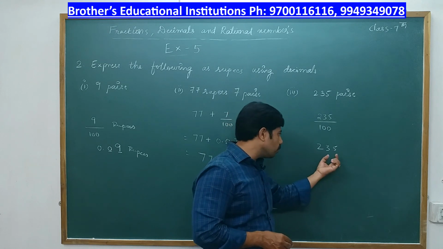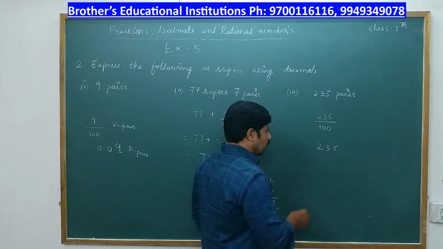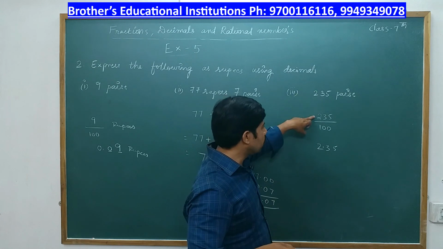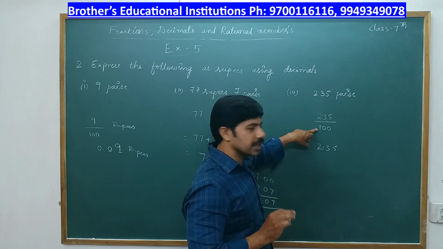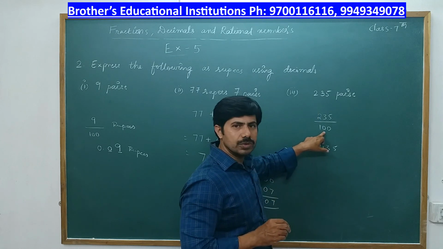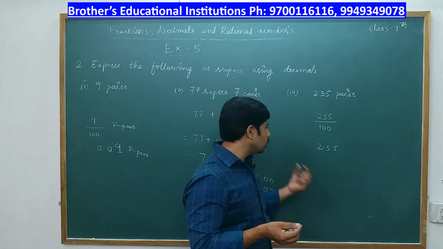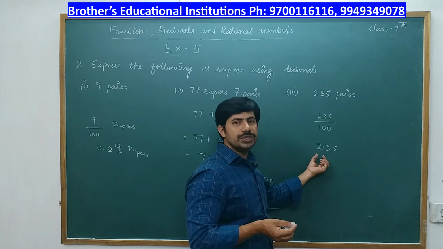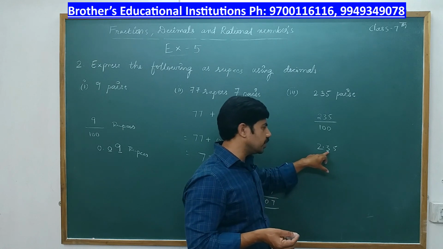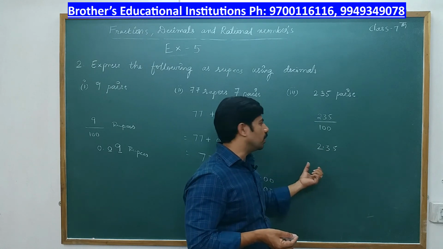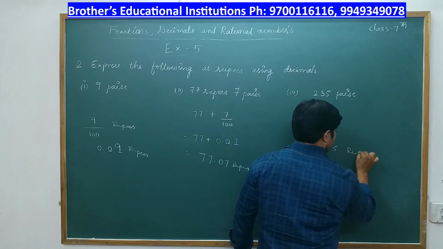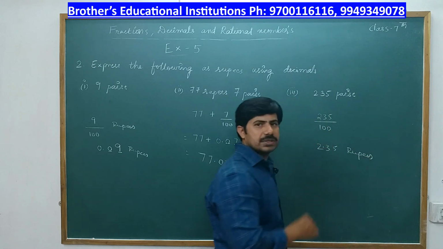After 2 digits means what? Move to the left. So if I move to the left, it will be 2.35. See, here numerator is greater than denominator. So the answer will not be in 0 point. First you write 235. For 100 we have 2 zeros. So you put the decimal to the left of 2 digits. Now these are the 2 digits. Total 3 digits. So left of 2 digits you put the decimal. So the answer is 2.35 rupees. So this is completed.